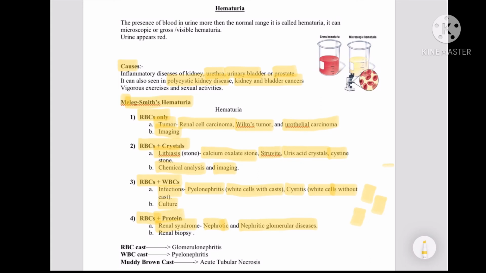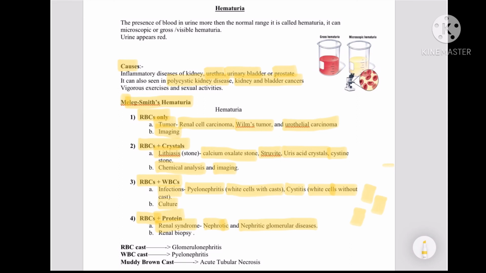In nephritic syndrome, like post-streptococcal glomerulonephritis, rapidly progressive glomerulonephritis, and IgA nephropathy, all these are classified as nephritic syndrome, where we can find hematuria plus proteinuria, that is, RBCs with protein.